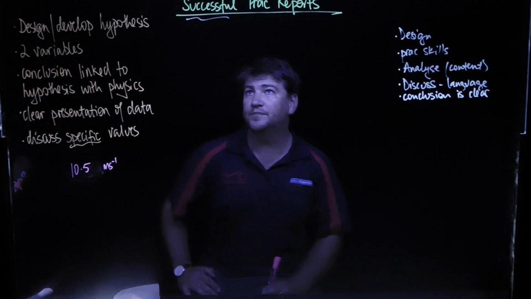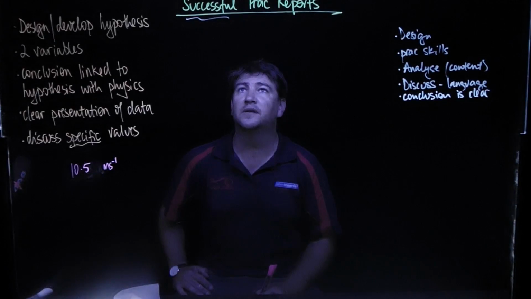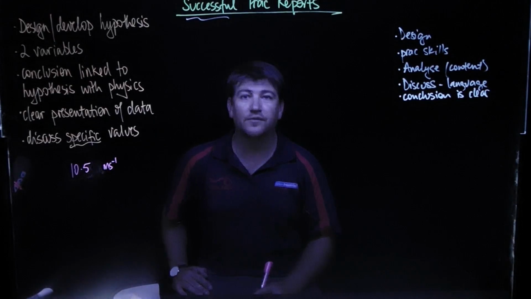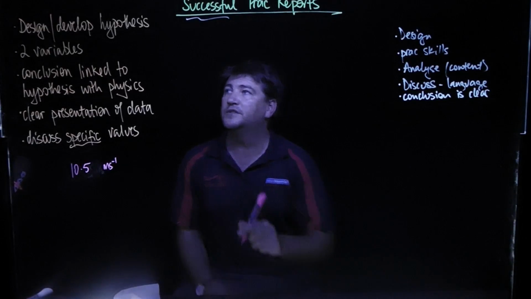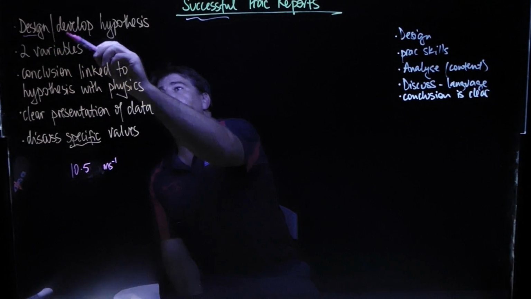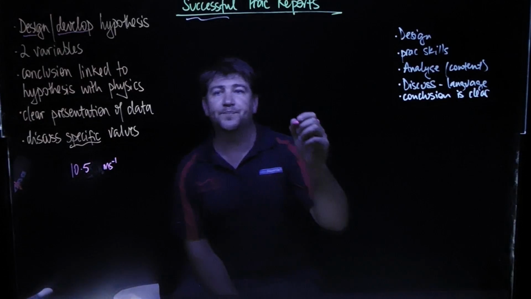Alright, so the experiment that you are currently working through, and this is probably going to be generic for the rest of the year, is going to give you some sort of chance to design or develop your own hypothesis.